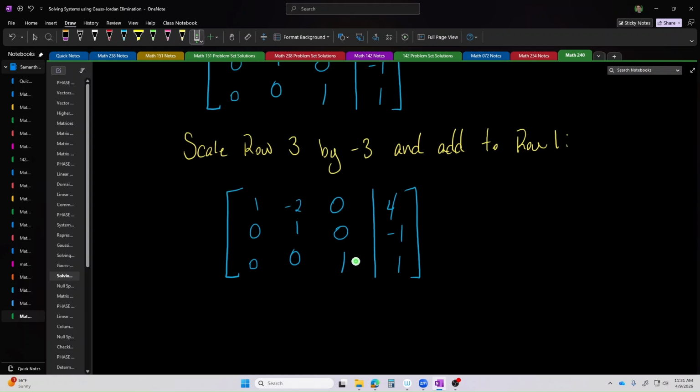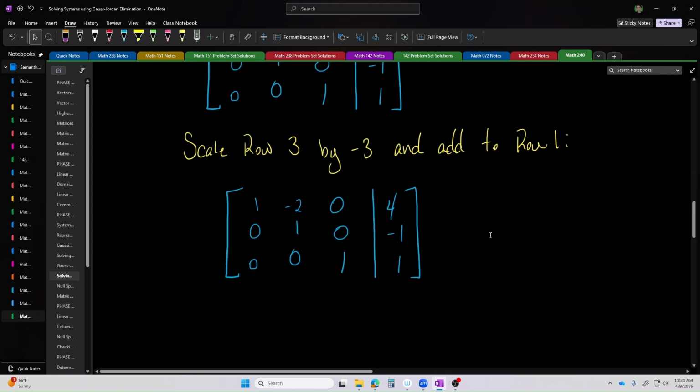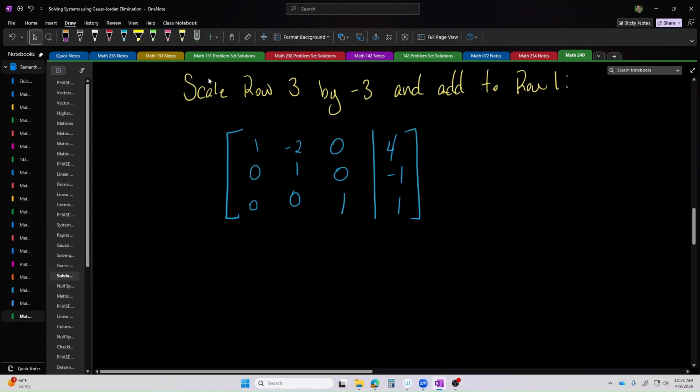Finally, let's go ahead and clear out this entry minus 2 above the pivot in the second column. So to get rid of this minus 2, I will attack it using a positive 2.